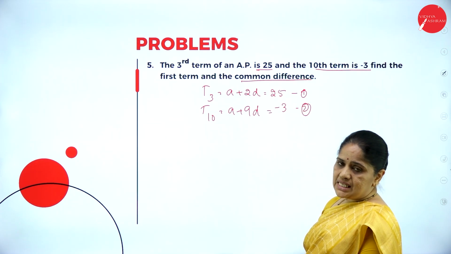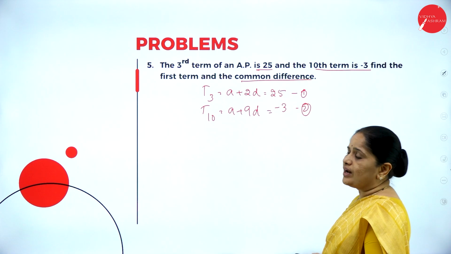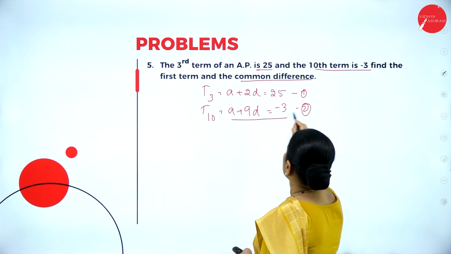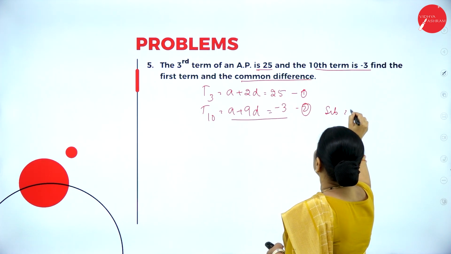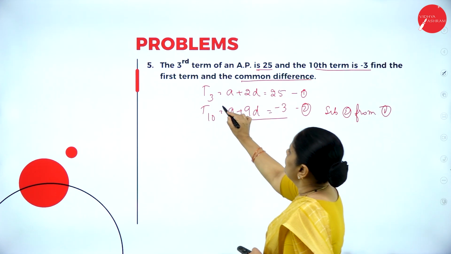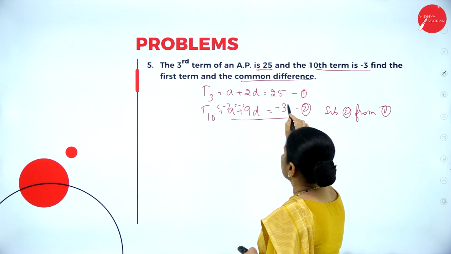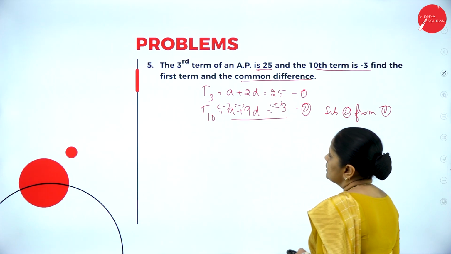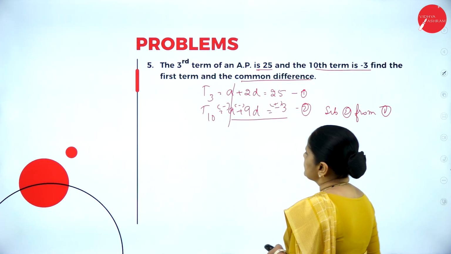So we will just subtract equation 2 from equation 1. Subtract 2 from 1. So when we subtract, the signs will change. So A and A gets cancelled.